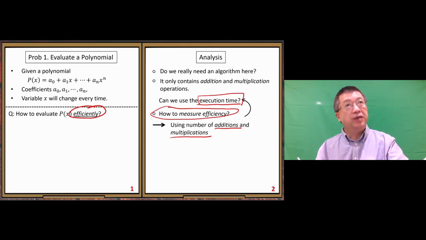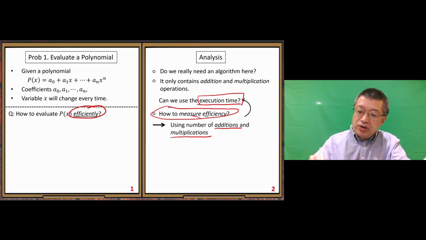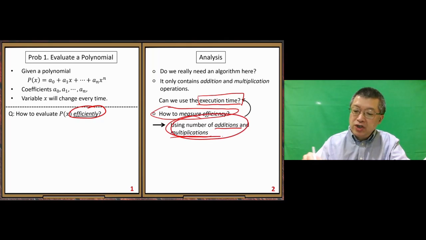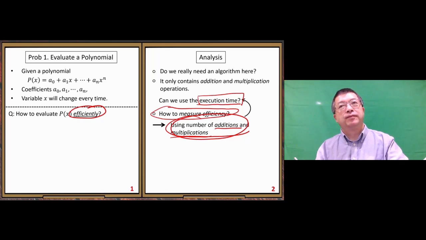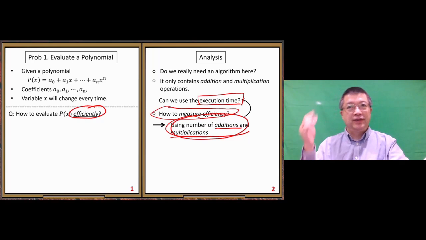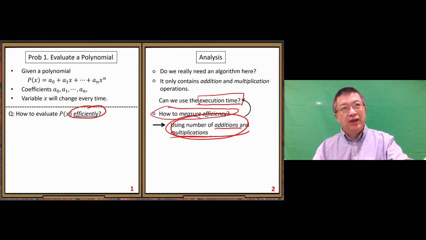So this measure is consistent. So that means we should do the efficiency measurement this way. That's the first thing. After the analysis, we agree on this.